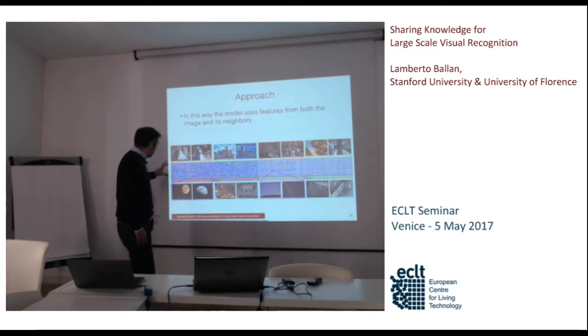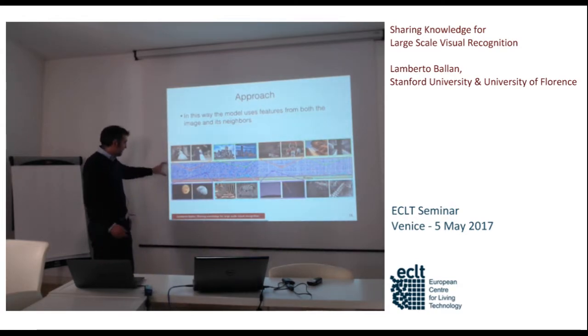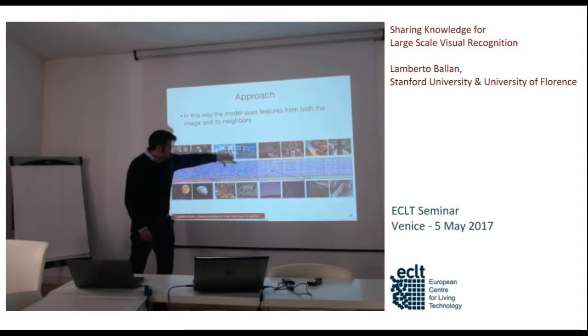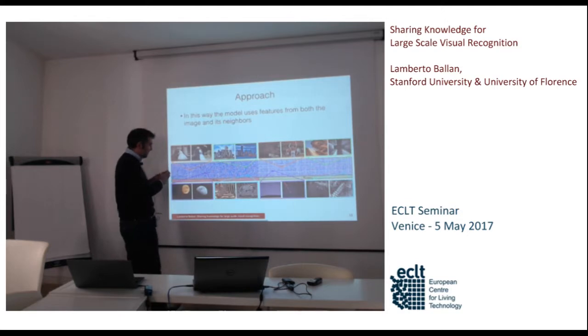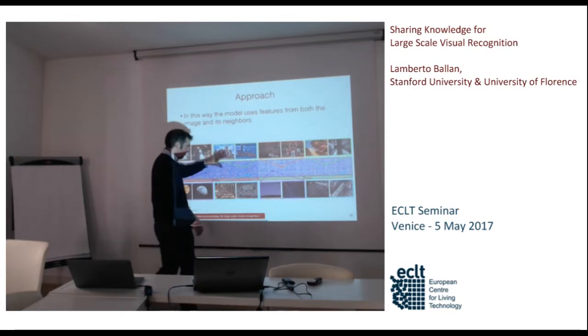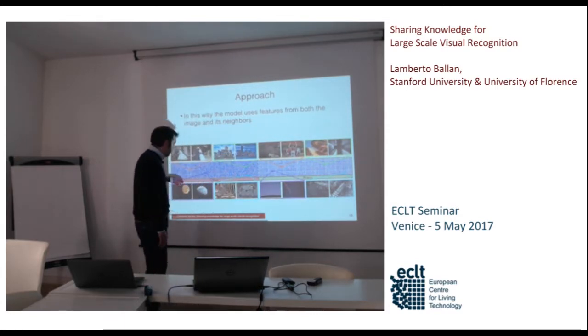Here is a real qualitative example plot where, for each row, you have an image in the validation set. And these dimensions are the size of the weights that are assigned to the last hidden state representation for the image and the neighborhood.